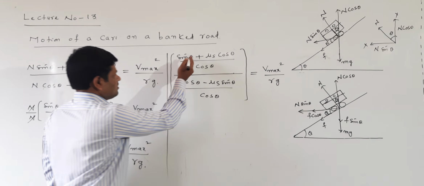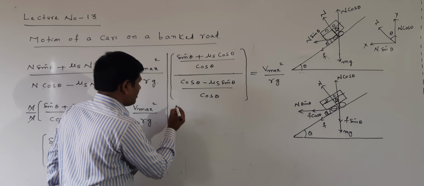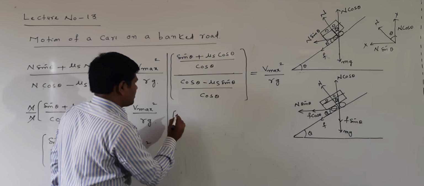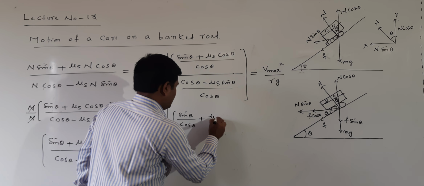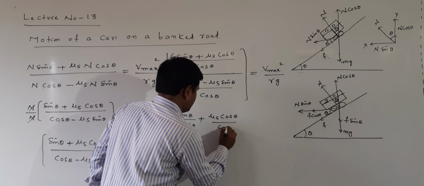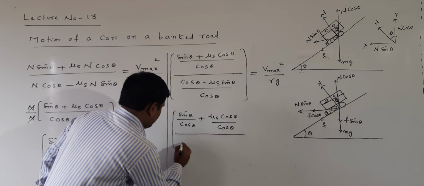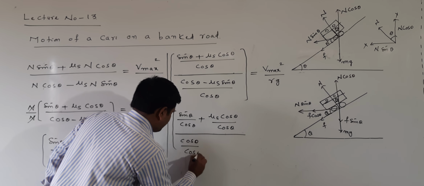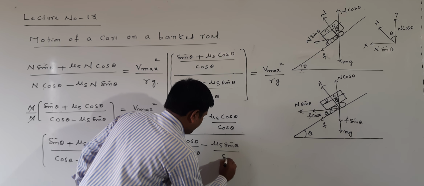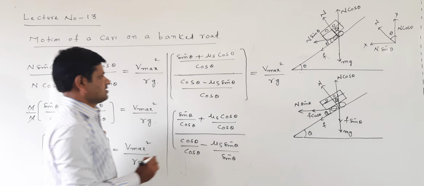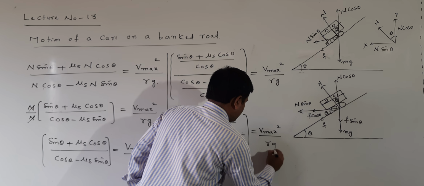Now we divide separately: sin theta by cos theta plus μs cos theta by cos theta, over cos theta by cos theta minus μs sin theta by cos theta, is equal to v maximum square by rg.